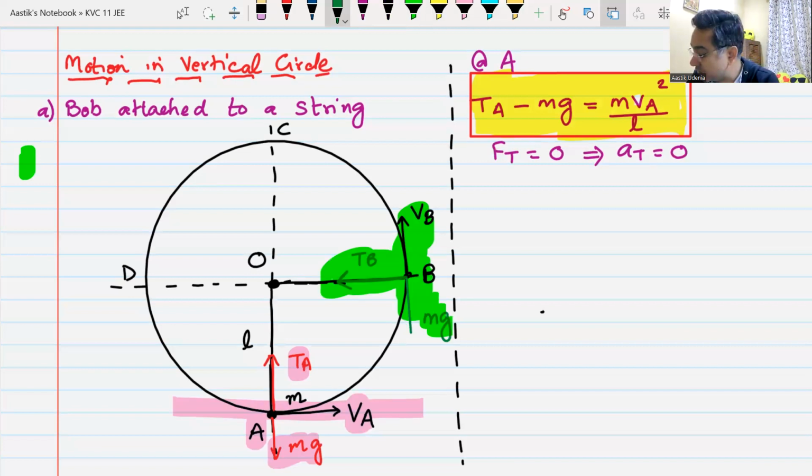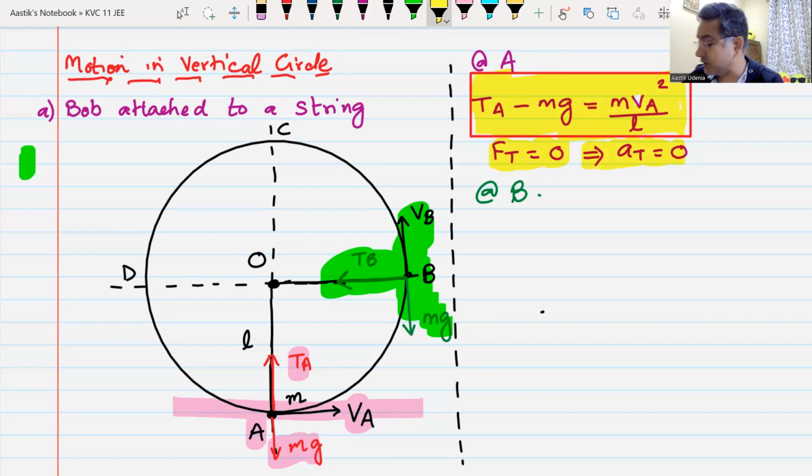What is the equation that you are going to make at point B? Can anyone make the equation at point B?